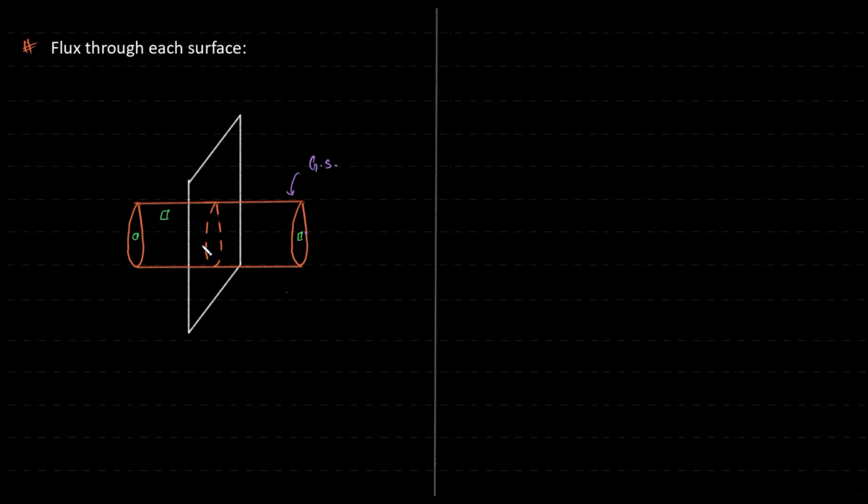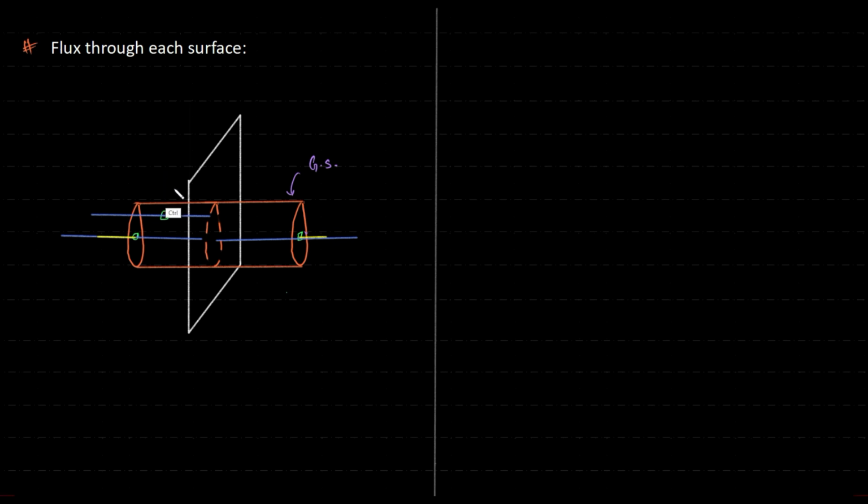Remember, they're outward. So it has to be something like this, and here too it is outward, something like this, and for this it will be something like this. Now, area vectors. Let's draw the area vector. Here it would be outward, outward.